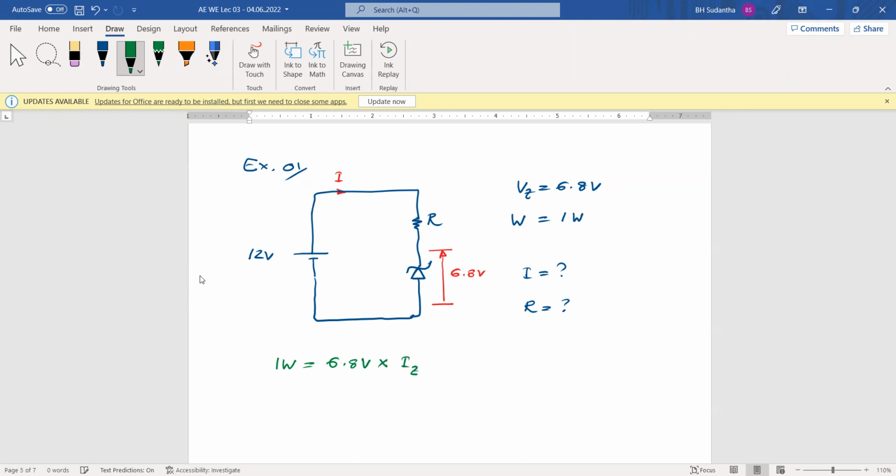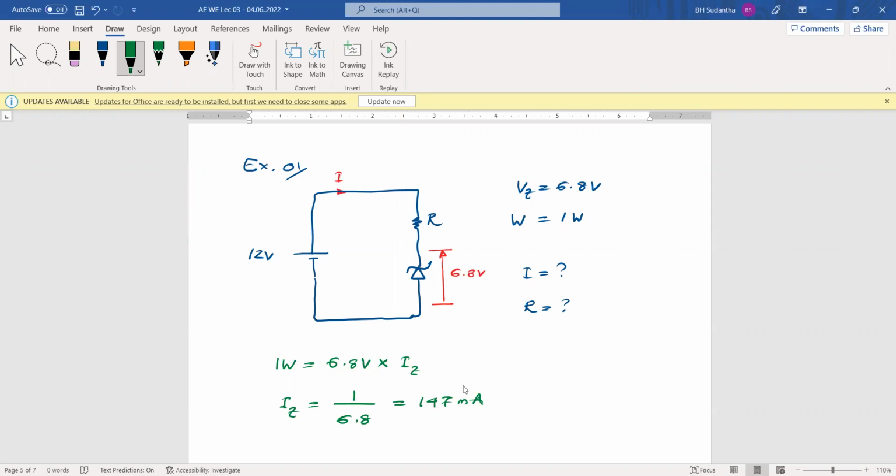Then I equals 1 divided by 6.8. Then it's nearly 147 milliamperes.